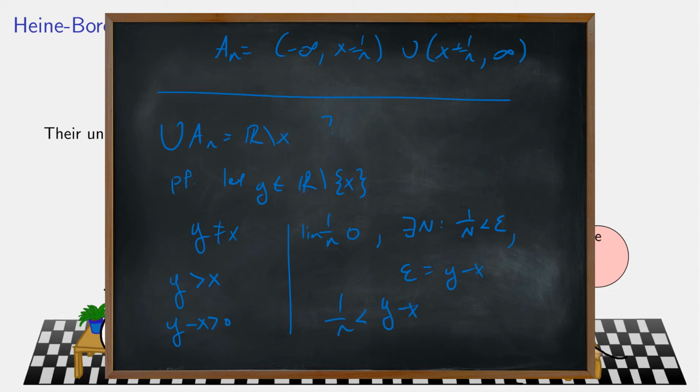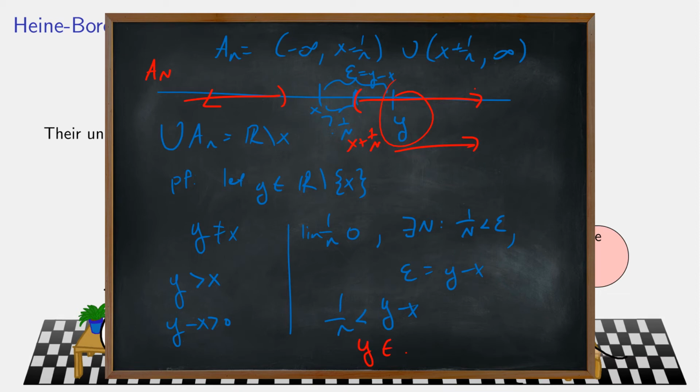Up on this number line, I've got x, and we've got y, which is bigger than it. Whatever this distance is, I'm calling this epsilon. It's y minus x, and there is a 1 over N that's smaller than that, which means that if I were to draw the set A sub capital N, it would go from x plus 1 over N onward to infinity and would include y.